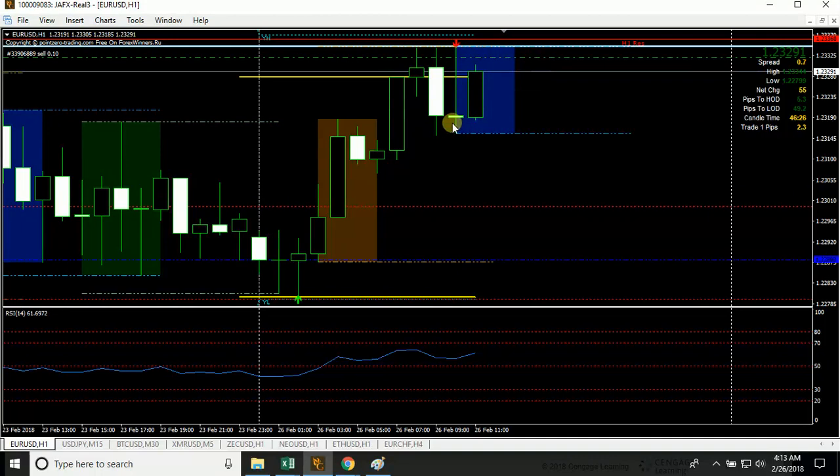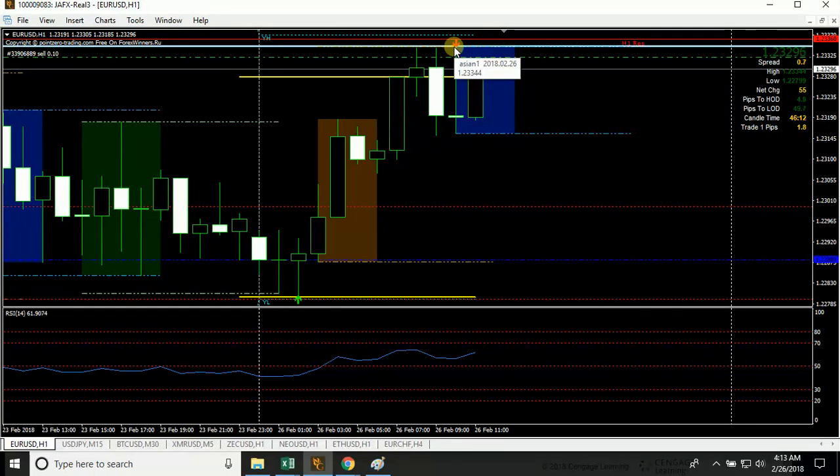It pretty much says price opened here. The buyers pushed the market all the way back up here in that hour. But then the sellers came in and closed that hour back where we started.